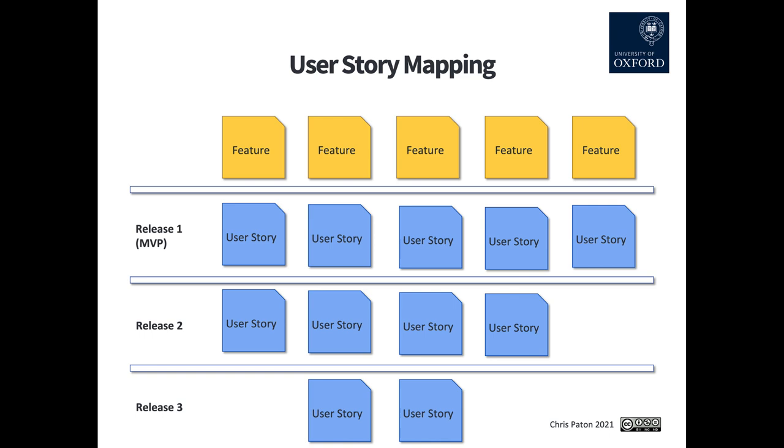This is a close-up of what a board might look like when you've been doing user story mapping. The idea is that you might have different features of your system. In our case, for the Life app, it might be being able to answer questions as you go through a scenario. It might be a 3D navigation feature or interaction.